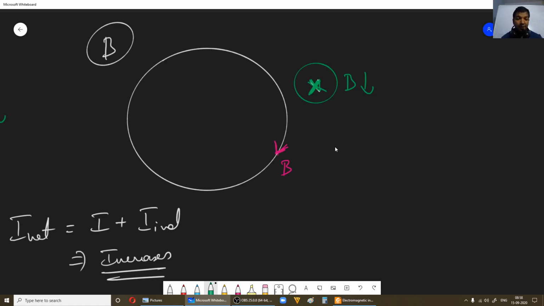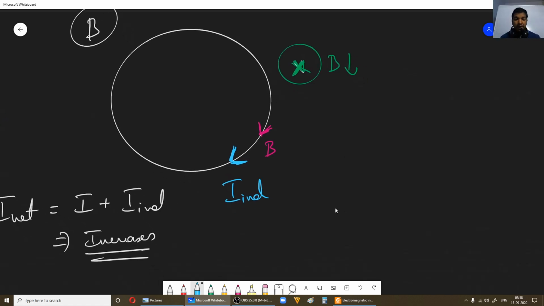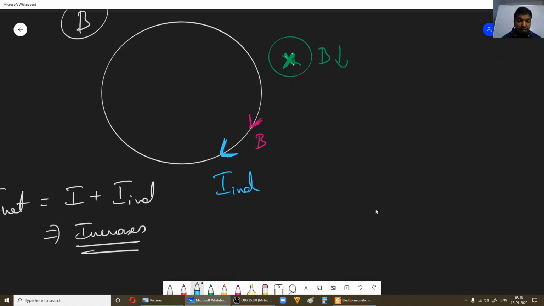Now the current will flow in such a direction so that it will help in increasing this decreasing magnetic flux. The induced current, I am talking only with respect to coil B. Keep your right hand ready and try to use the right hand rule, you will understand. I'm supposed to write I here.